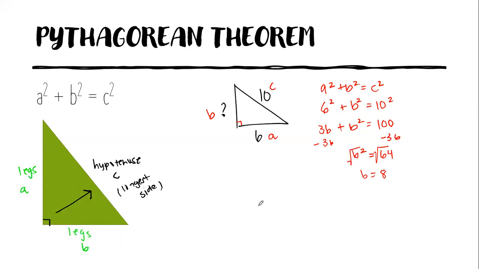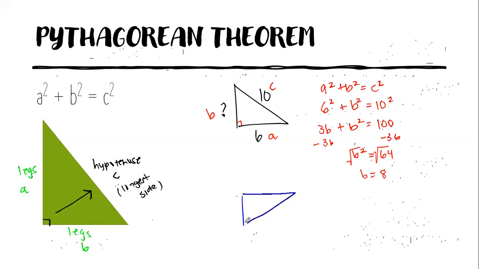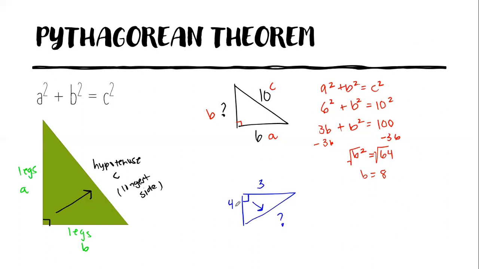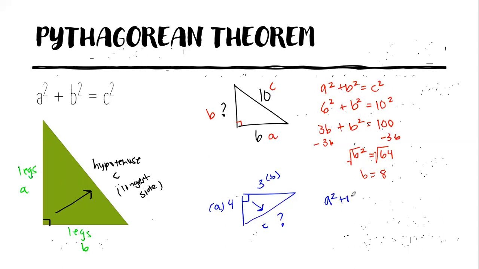Okay. And then let's say I'm missing... What am I missing now? The hypotenuse, because that's right across from the 90-degree angle. So I'm going to label my sides. I'm going to say A is 4, B is 3, and I don't know my C. So writing out the Pythagorean theorem, A squared plus B squared equals C squared.